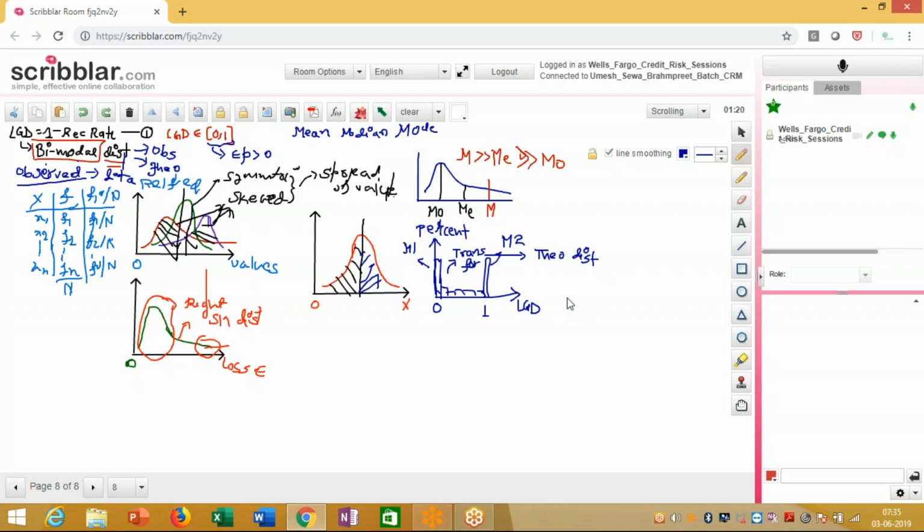Developing models on a bimodal distribution is not possible. It becomes difficult to make predictions because you have one mode at zero, the other at one. So what you need to do is smooth out this irregularity in the distribution.